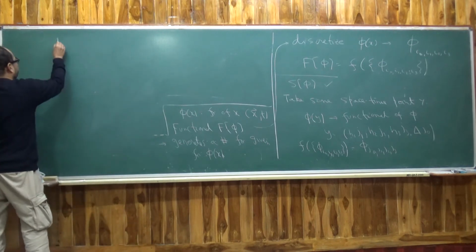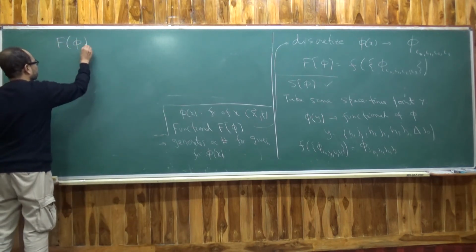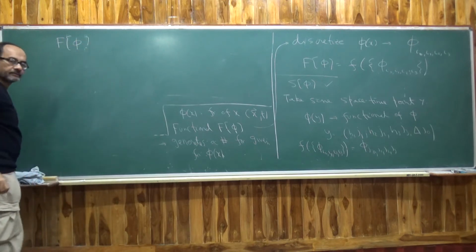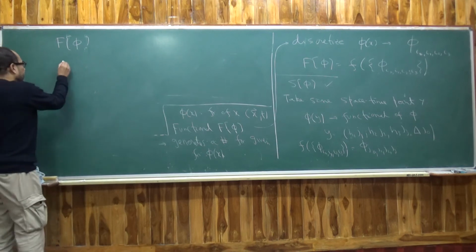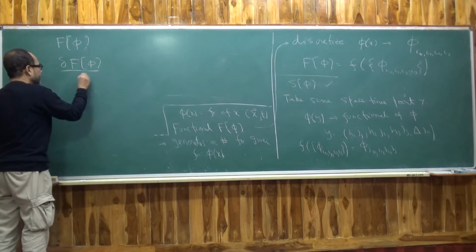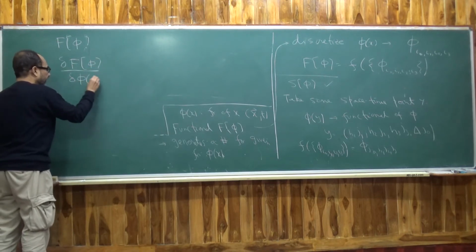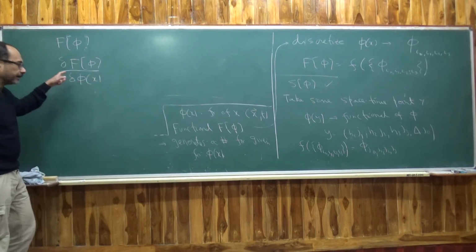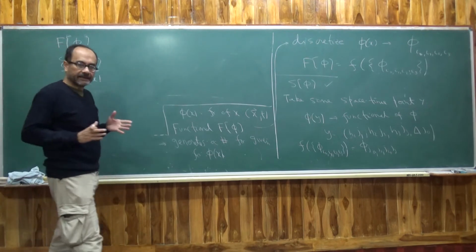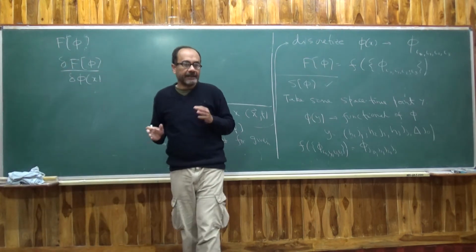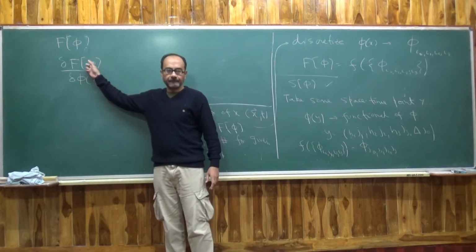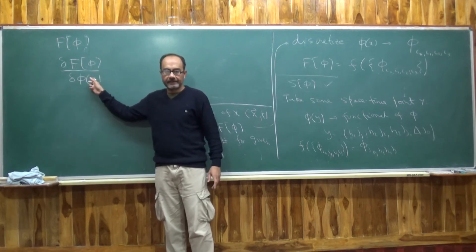So suppose f of phi is a functional. The functional differentiation is like a derivative with respect to the value of the function at some particular point x. What it should generate is a number, if we are given the function phi and this point x.